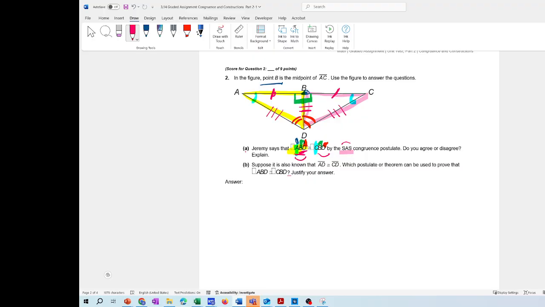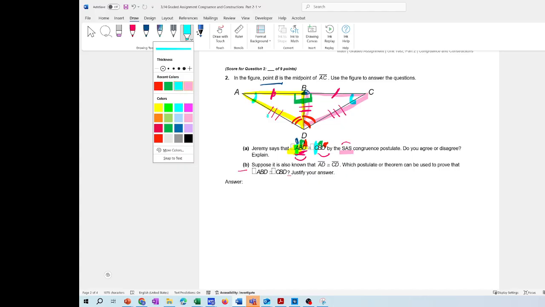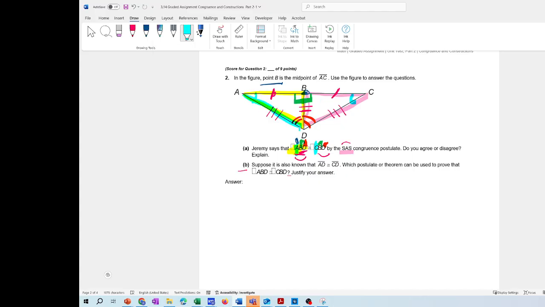Okay? Now, letter B. Suppose it is also known that segment AD, so let me color it in blue, AD is congruent to CD, which it is, right?